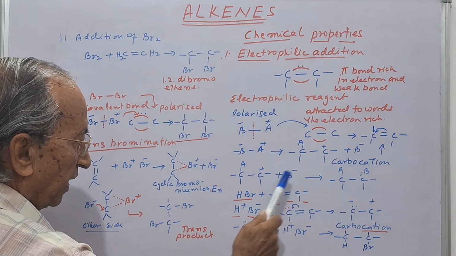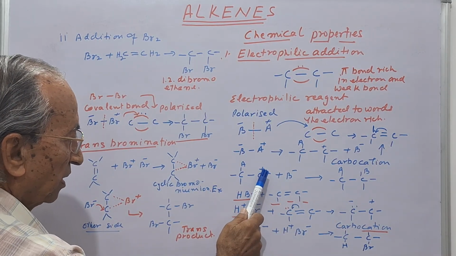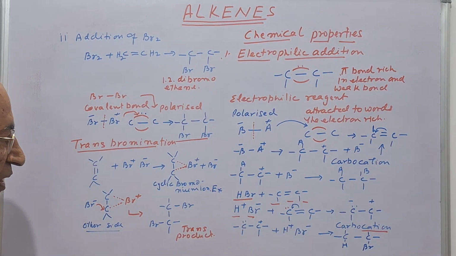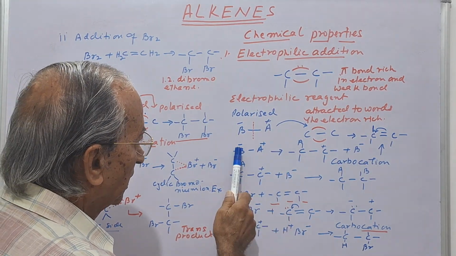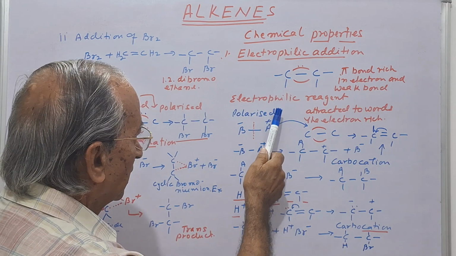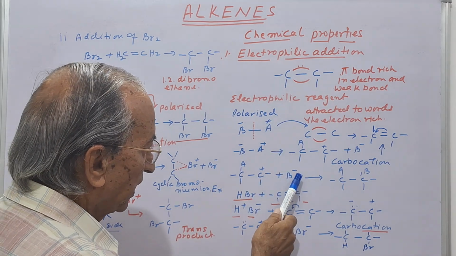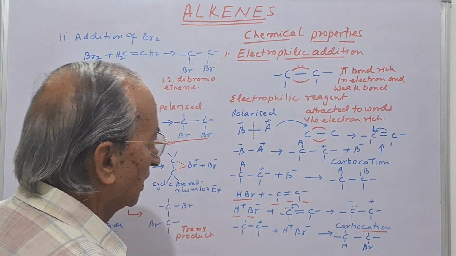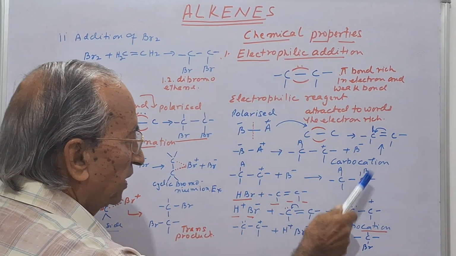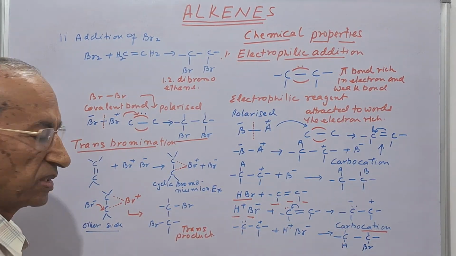Now the other carbon atom becomes deficient of electrons, that is, positive charge. Here the B atom of the electrophilic reagent, which is negative in charge, joins, and addition of the electrophilic reagent takes place. This is the mechanism.